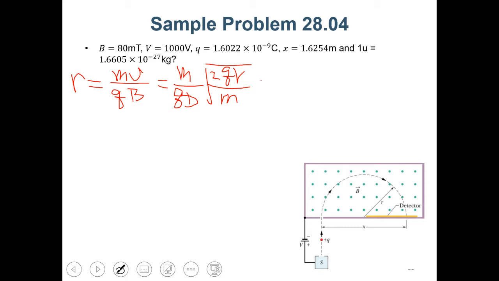So some of it can be cancelled. It finally becomes 1 over B times the square root of 2mV over q.